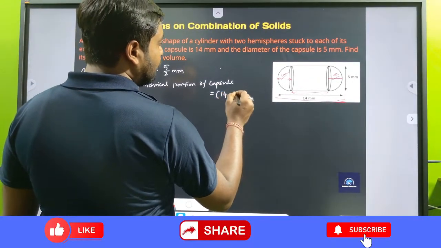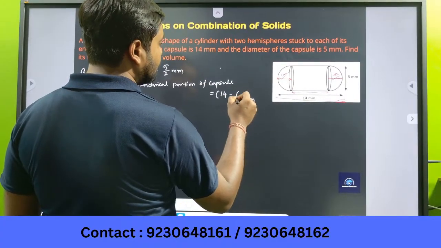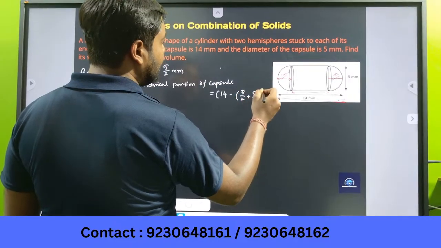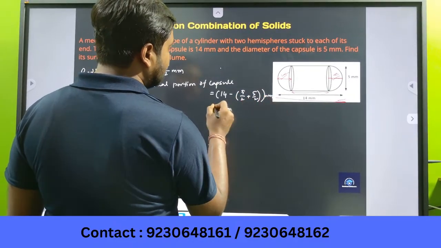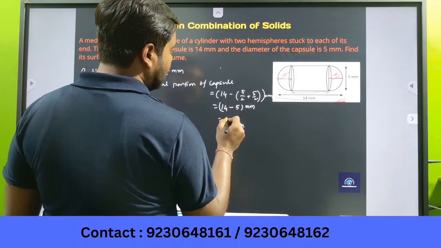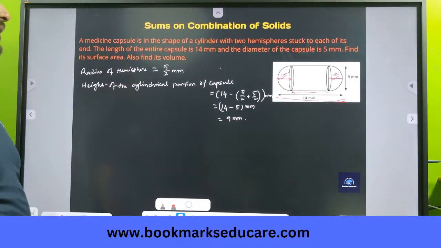That means 14 minus (5 by 2 plus 5 by 2) from both ends. So 14 minus 5 is 9 millimeter. So the height of the cylinder is 9 millimeter.